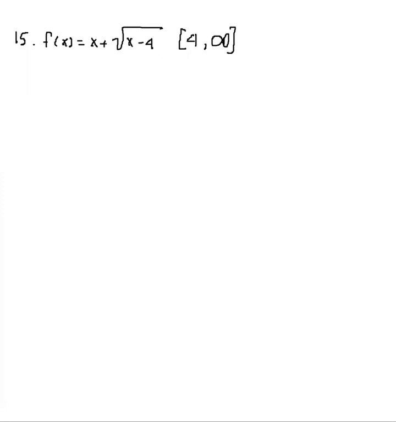Yeah, so I'm going to set up this limit. I'm going to say that the limit of f of x as x approaches a is going to be equal to the limit as x approaches a of x plus root x minus 4.